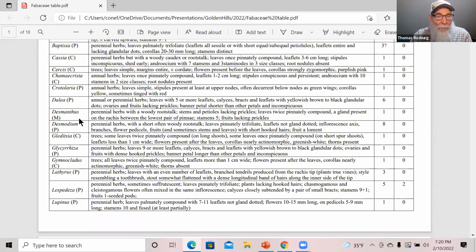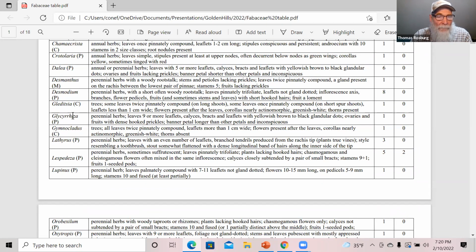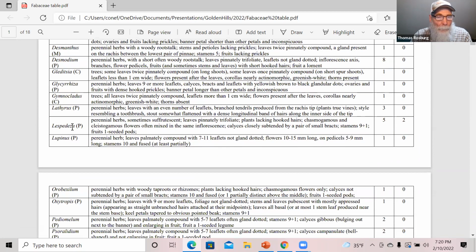We're going to do Desmanthus and Desmodium and all of these in through here. Not going to do Lespedeza. There's 5 species of Lespedeza in Iowa, and 2 of them are listed, and only really just 2 others that are likely to be seen: Lespedeza capitata, the round-headed bush clover, and Lespedeza violacea.